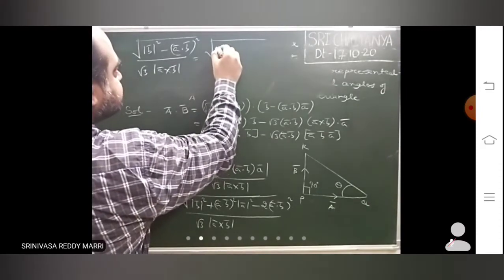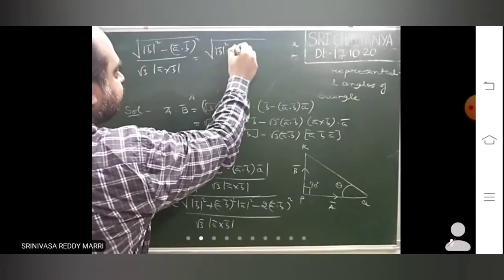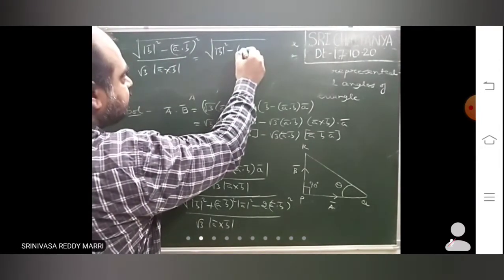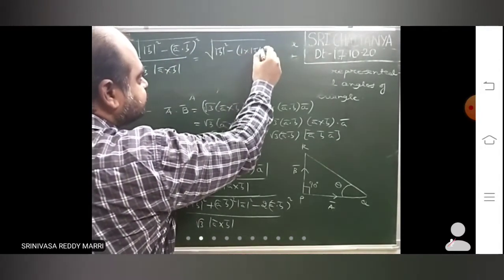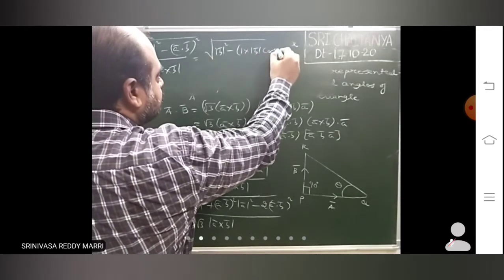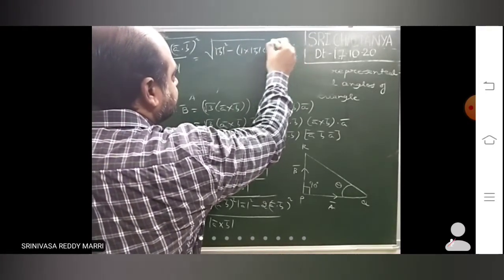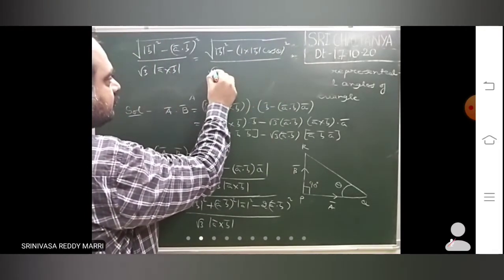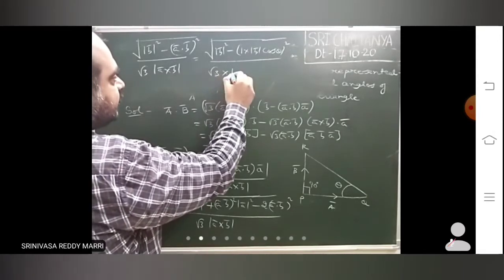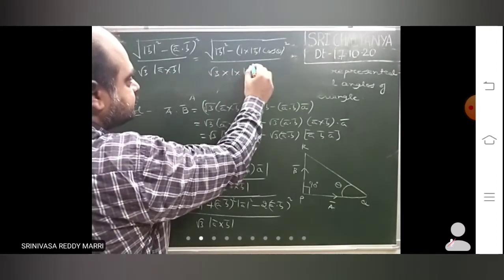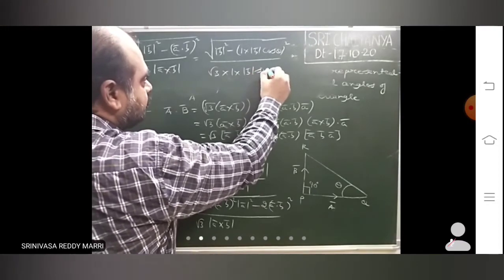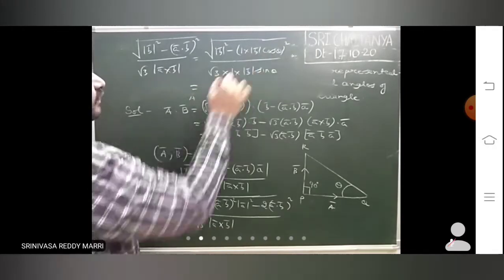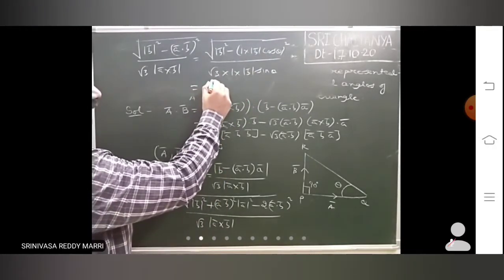Now I am writing this as modulus B square minus, A bar dot B bar means modulus A bar 1, modulus B bar into cos theta, whole square, divided by root 3 into modulus A bar 1 into modulus B bar into sin theta. So look at modulus B bar whole square into 1 minus cos square theta.